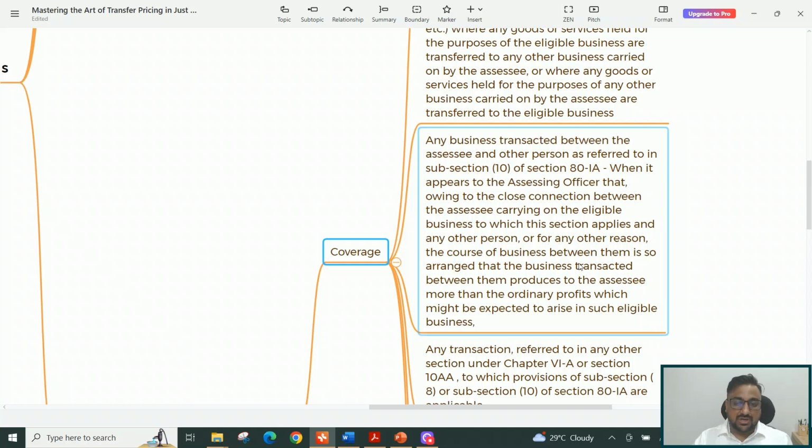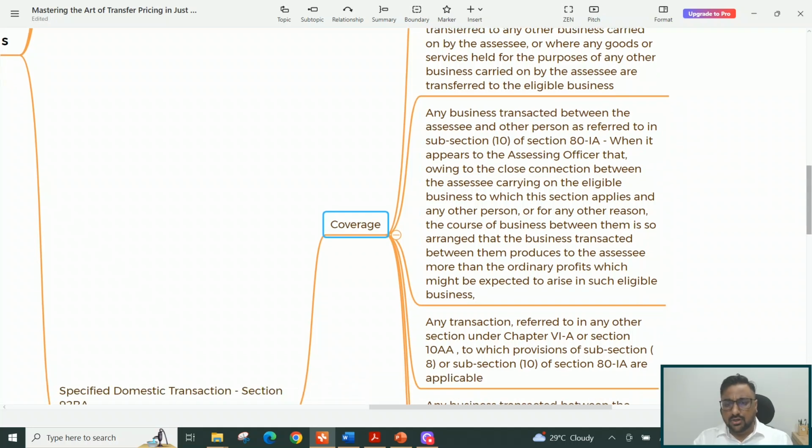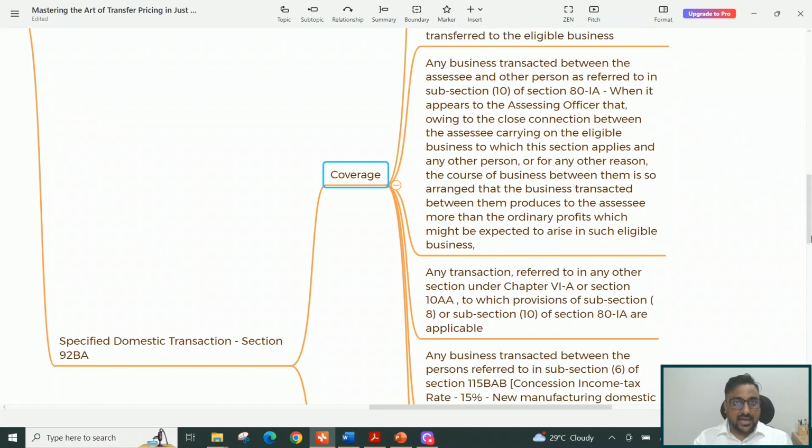course of business between them is so arranged that the business transacted, right, previously it was goods and services, now they are discussing business transacted between them, produces to the assessee more than the ordinary profits which might be expected to arise in such eligible business, right? So technically giving of loans, guarantees, infusing of more funds, pending receivables, payables, etc. could be included in this particular, because they have not defined any business term here.